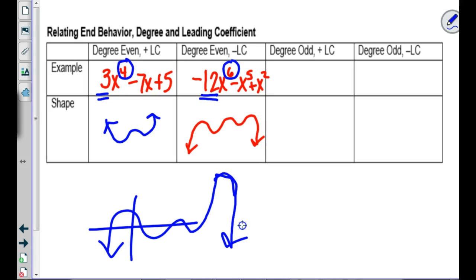But it is not an even function because it doesn't have symmetry. All right, odd degree, positive leading coefficient just means left end down, right end up. Okay, like a 4x cubed minus 2x plus 5. The leading coefficient is a positive 4, and the degree is odd.